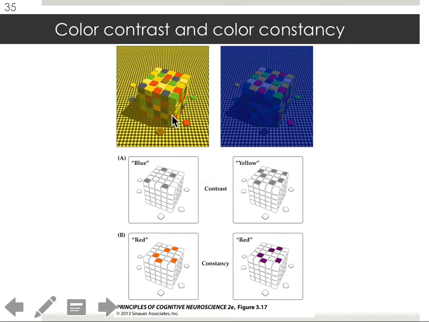So even though these two different cubes have very different levels of hue and saturation and brightness, because of the context, you actually experience the same overall colors, right? Think of the dress illusion, which was all the rage a few years ago. That's another example of color contrast and color constancy, where top-down cues are playing tricks on how you experience bottom-up colors.